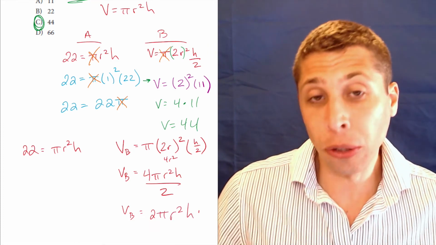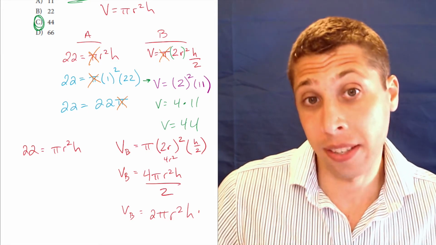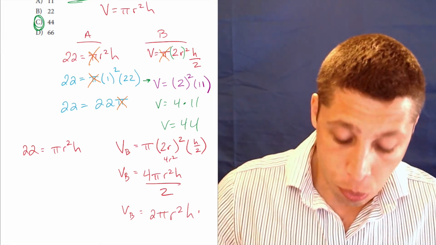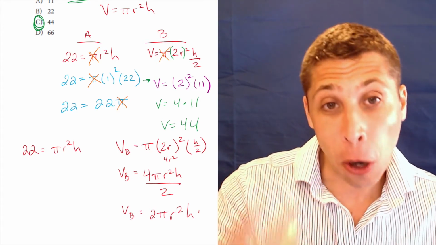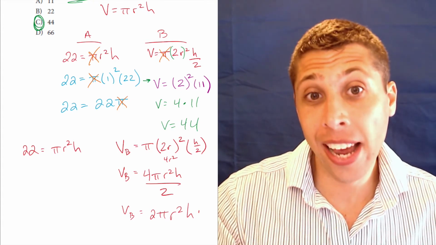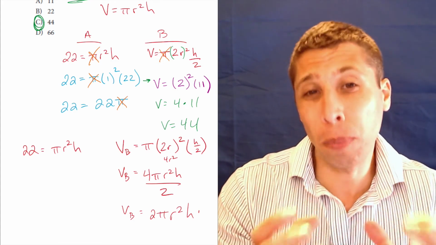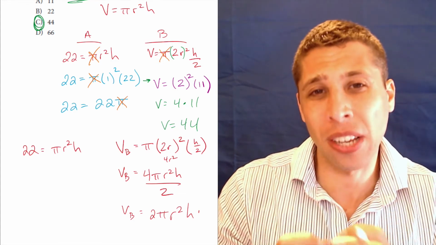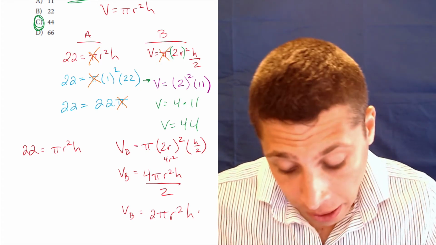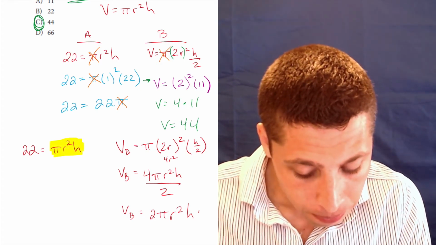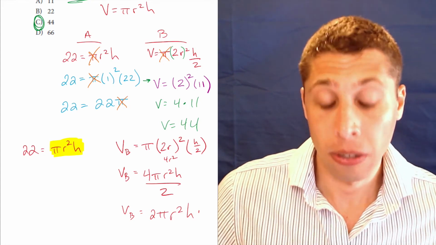And here's where we use a skill that actually does come up on the SAT fairly often. It's where instead of our normal habit of solving for every variable and getting an r equals and an h equals, we instead treat groups of numbers and variables as a unit, and we solve for the unit. So the unit right here has already been solved for us on the left, pi r squared h.